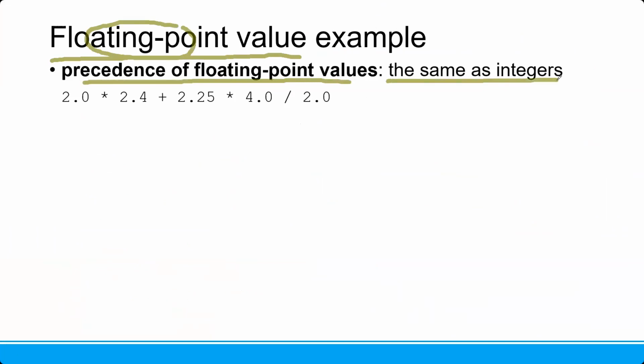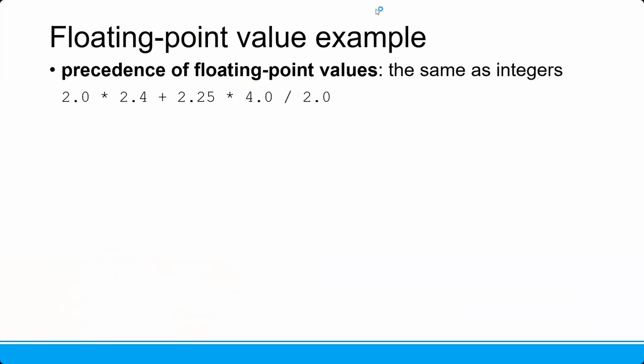Actually, it is the same as with integers. Plus and minus are the lower level, then the higher level is multiply, division, and remainder, and the highest one is the parentheses. So if you put parentheses, it is higher than this one.